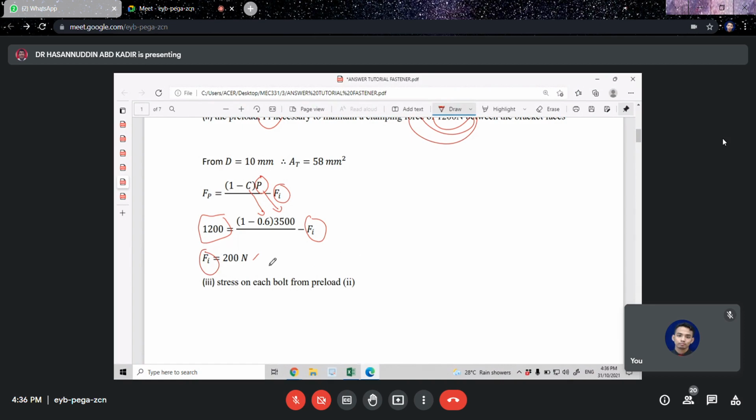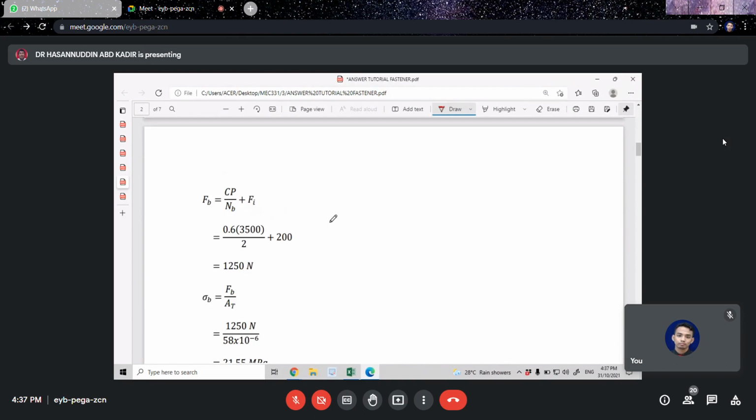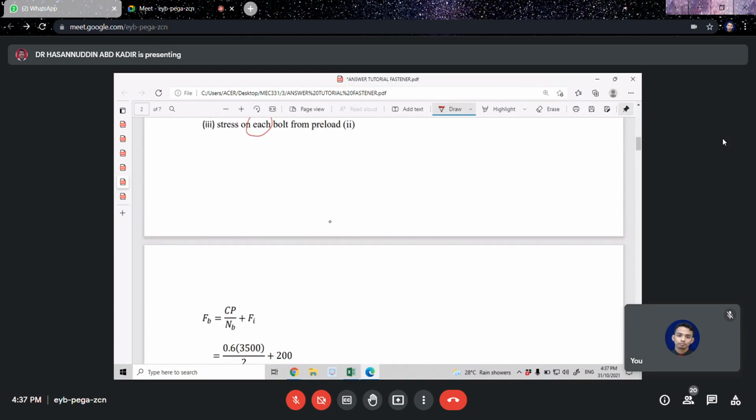Then the stress on each bolt from the preload. They ask you to find the stress on each bolt, mentioned here. So you need to divide by the number of bolts they have. This one is the formula to find the force on the FP.